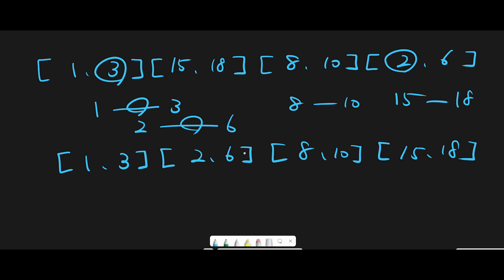For example, now we are at 2, 6, so just care about this starting time versus the previous ending time, that means 3. Same thing if we are at 8, 10: just compare the current starting time versus the ending time in the previous interval.